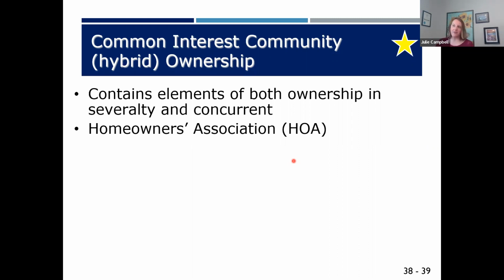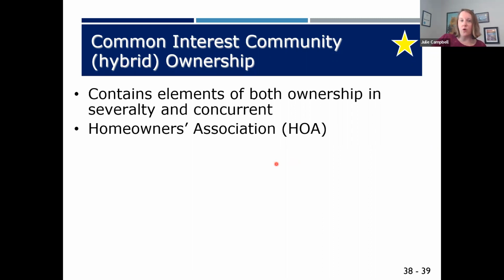What if there's a clubhouse? If there's a clubhouse, you might have a kitchen area, dog parks, elevator. These things are examples of common areas. They're common because we all share them. Everybody that lives there shares them.